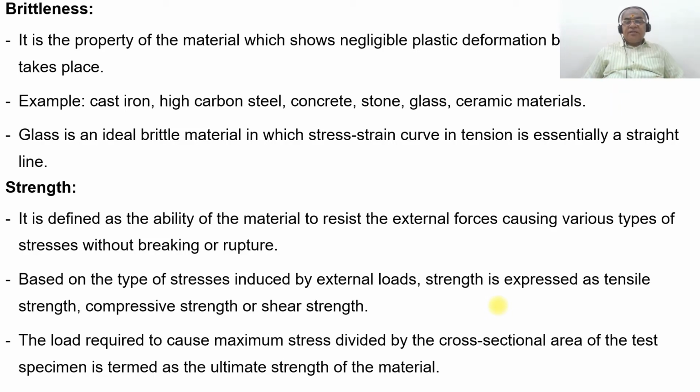We will talk further about tensile, compressive and shear in the coming videos. The load required to cause the maximum stress divided by the cross-sectional area of the test specimen is termed the ultimate strength of the material.